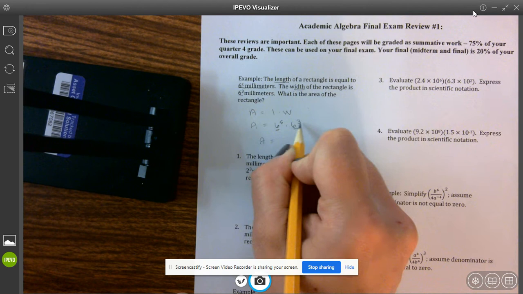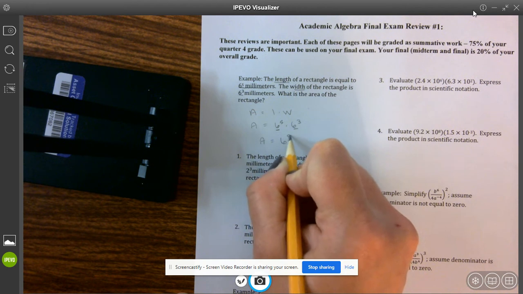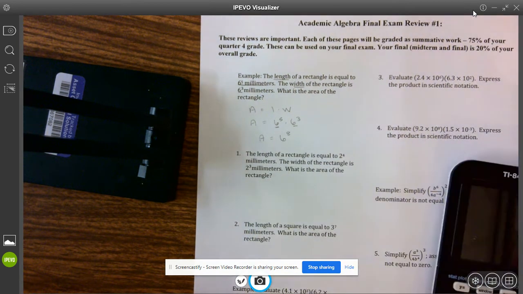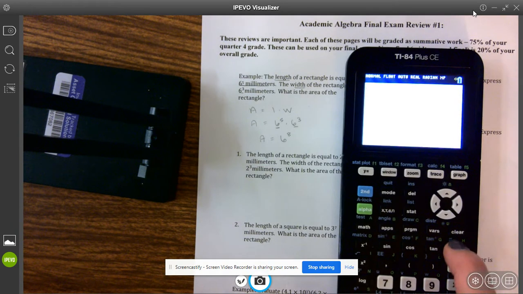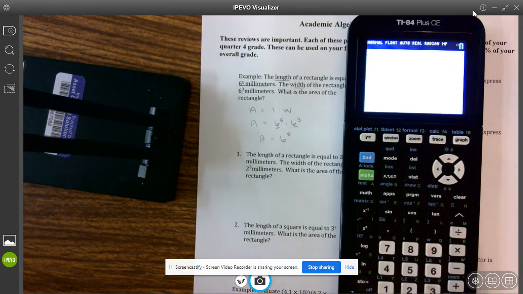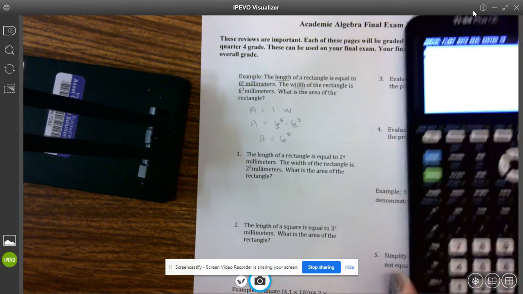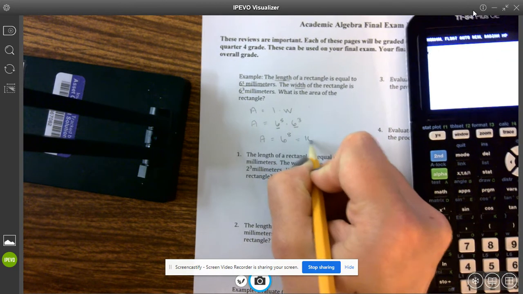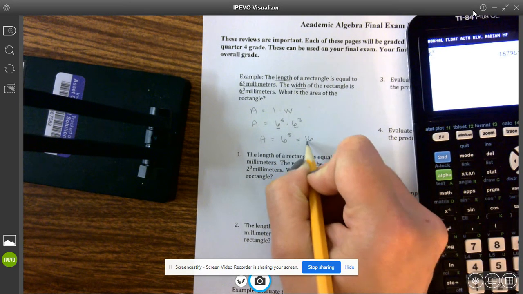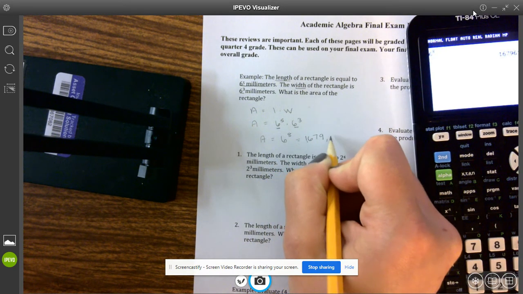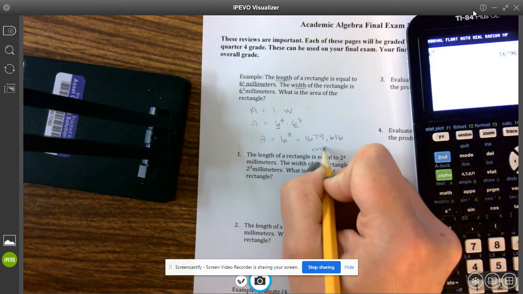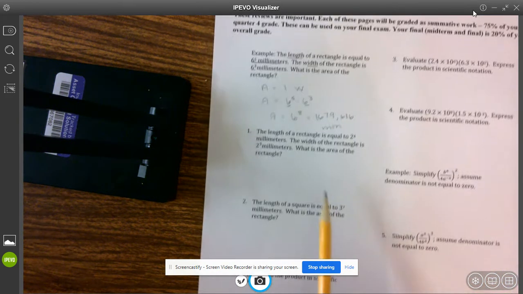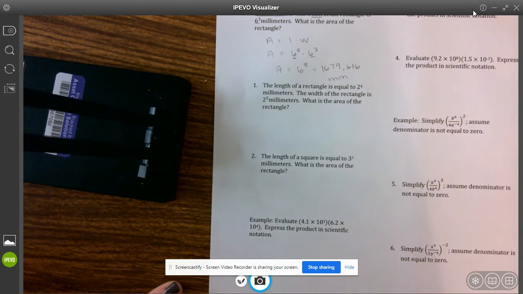Keep the same base, add your exponents, 6 to the eighth. So an answer might be that, or an answer might be what 6 to the eighth actually is: 1,679,616 millimeters squared. Okay, try to do 1 and 2 the same.